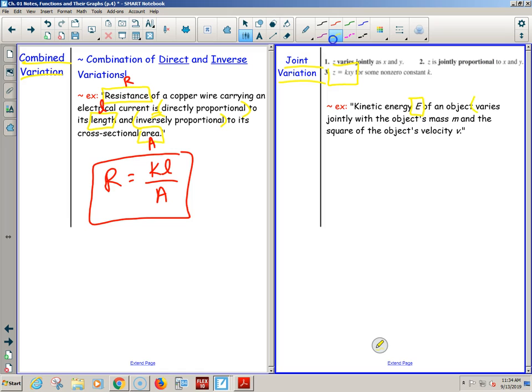Varies jointly, I'm going to put that in parentheses, with the object's mass and the square. Does it make sense that this would turn into E equals K times mv squared?